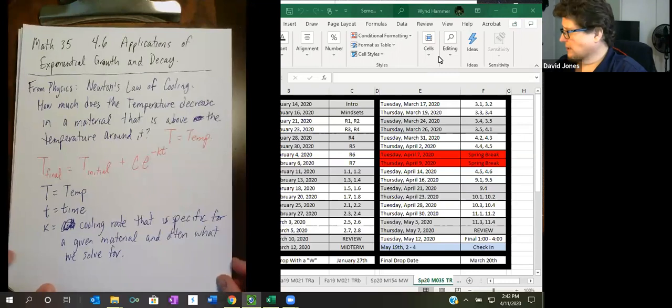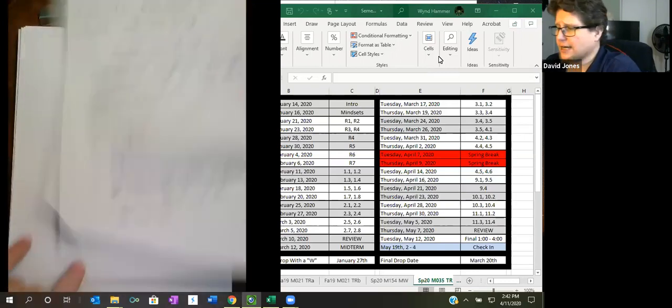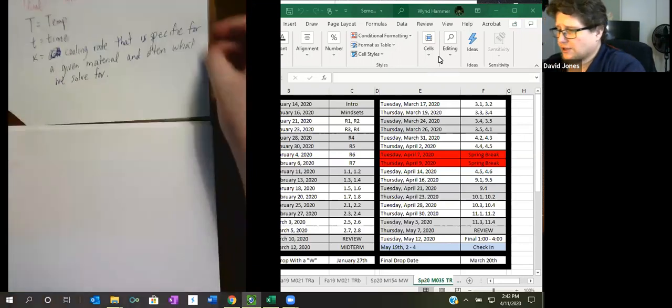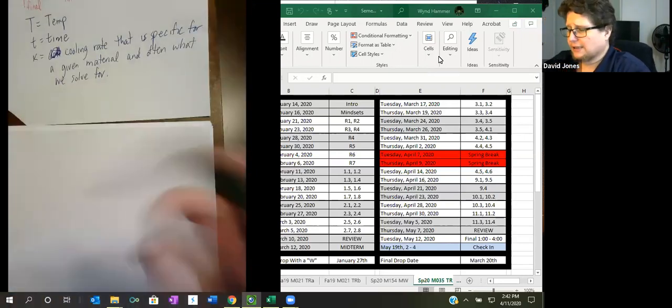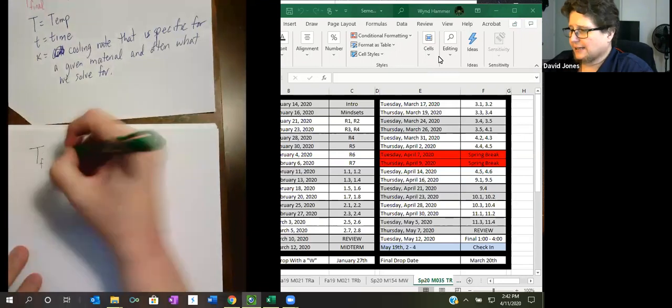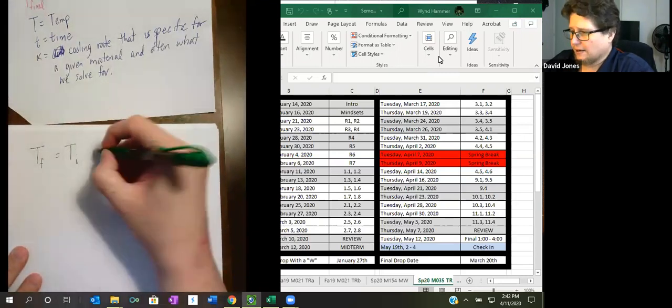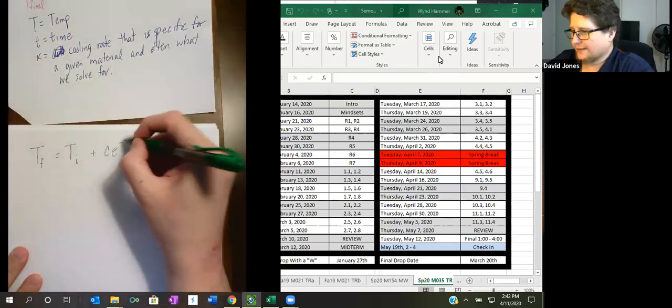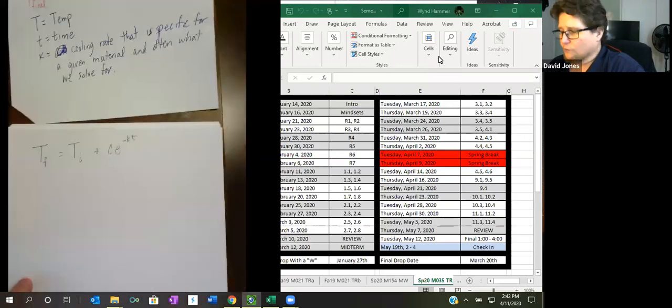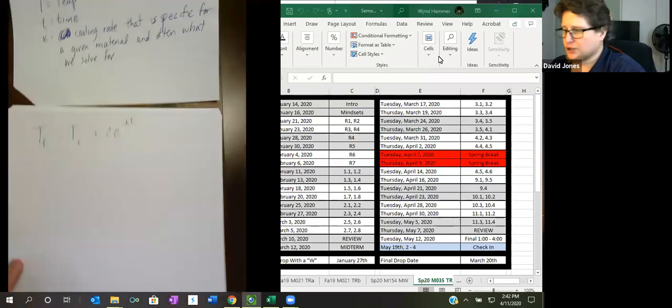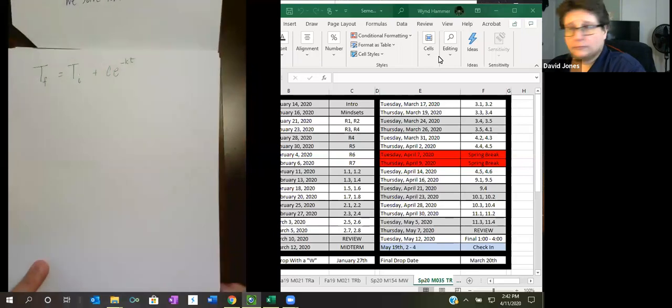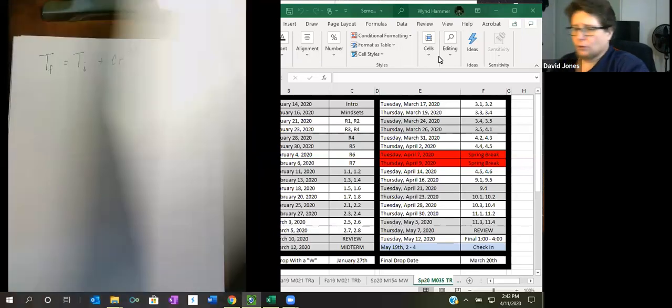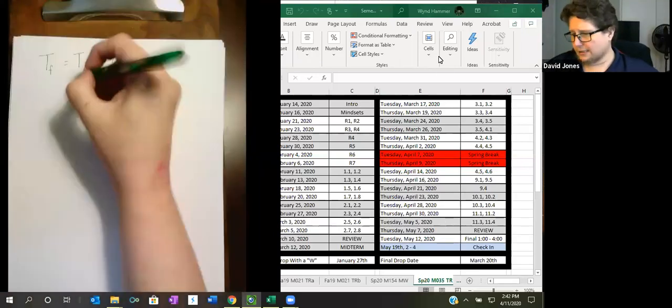Take a note of that. So I've got T final: TF equals TI plus C e to the negative kt. We want to isolate our exponential, so we'll subtract TI from both sides.